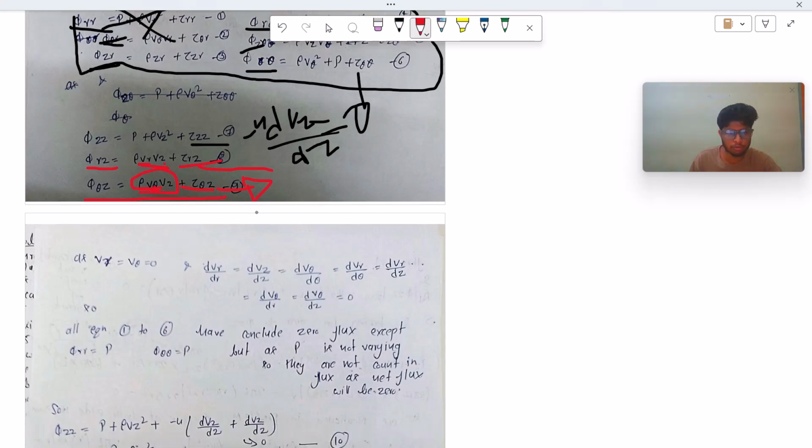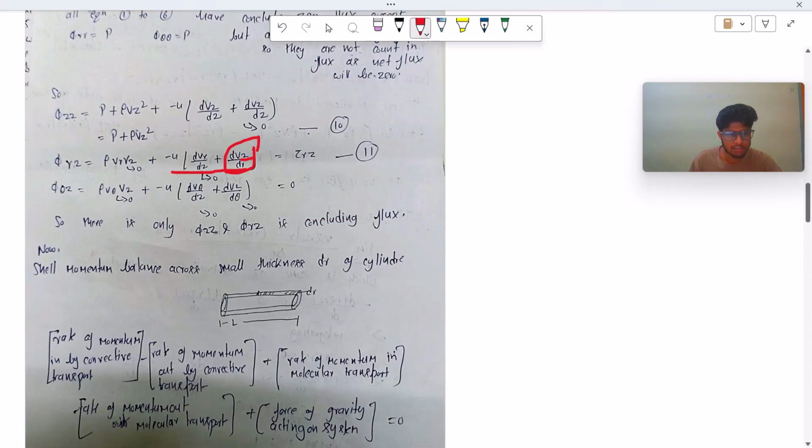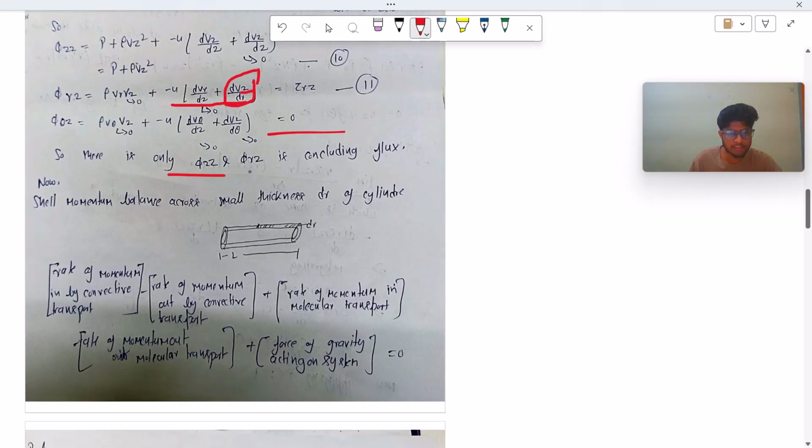Same thing for the rest. So only phi zz and phi rz contribute to the flux. Of all nine components, only two have some flux.